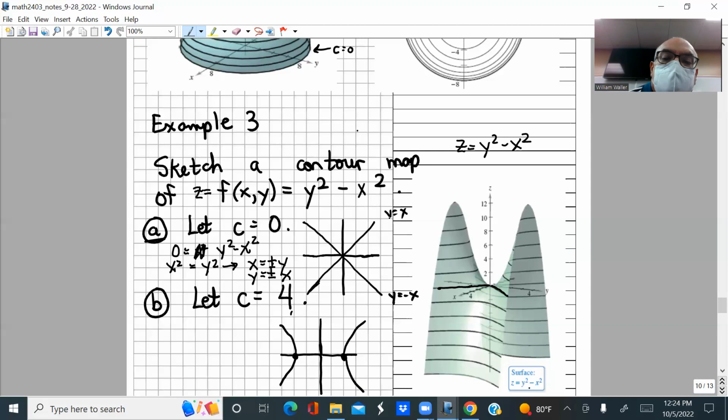And then y equals minus x is also the same kind of line, except with slope -1, so it goes downhill from left to right like this. Interesting. So when you intersect this surface with the xy plane, you get just these two perpendicular lines. Those lines are perpendicular to each other.